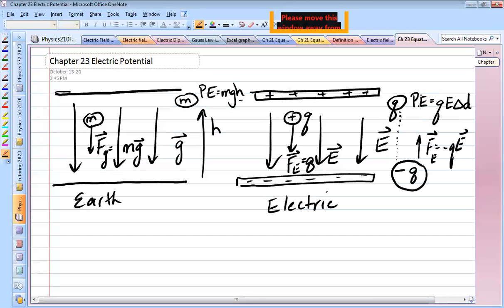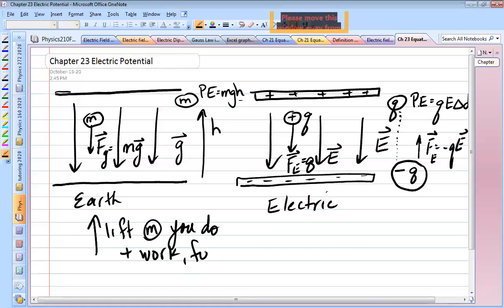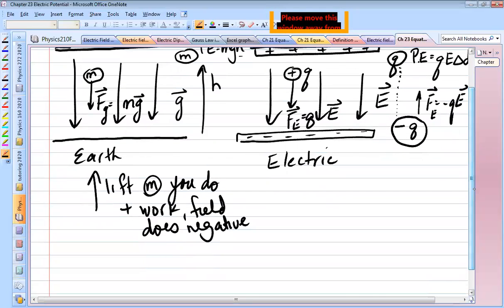As far as work goes, we know intuitively over here with the mass that if you lift something, if you lift M, you do positive work. The field does negative work because the field is in the opposite direction to the motion of the mass.